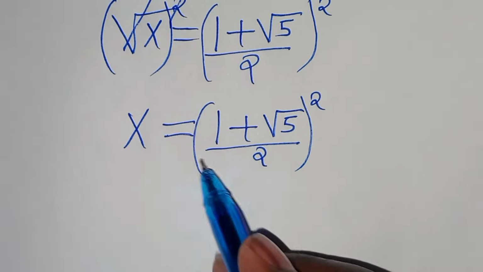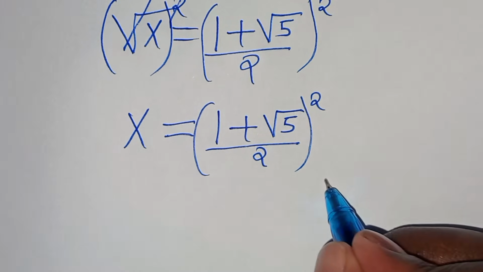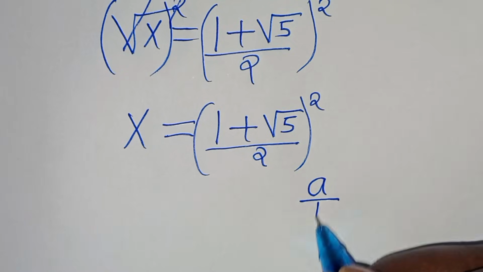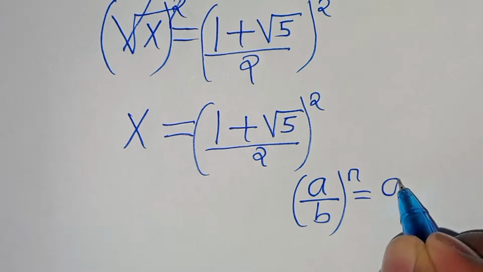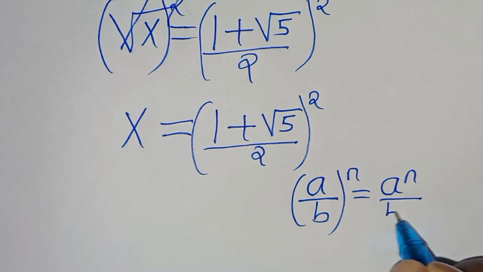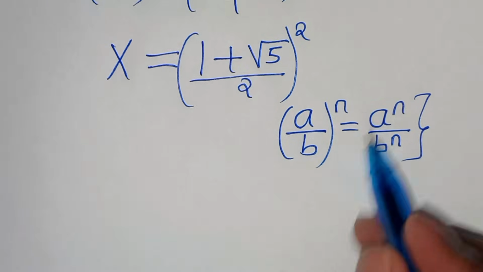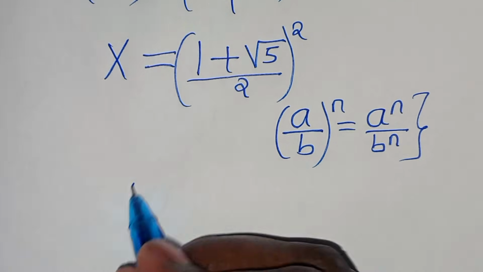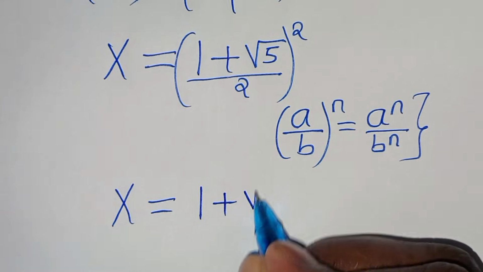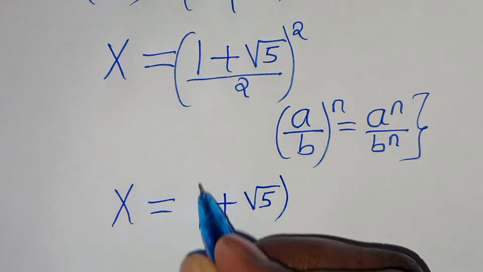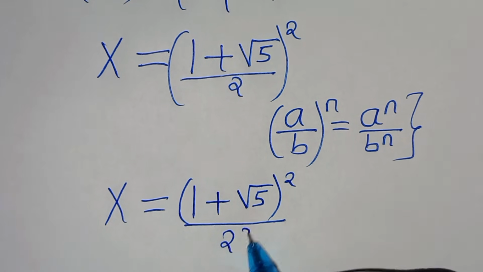Now, remember, this is in the form of a over b raised to the power of n, which can be expressed as a to the power of n divided by b to the power of n. Applying this property, x is equal to 1 plus square root of 5 raised to the power of 2, divided by 2 to the power of 2.